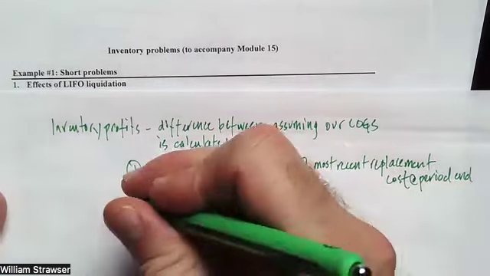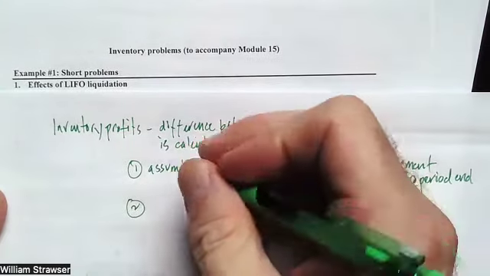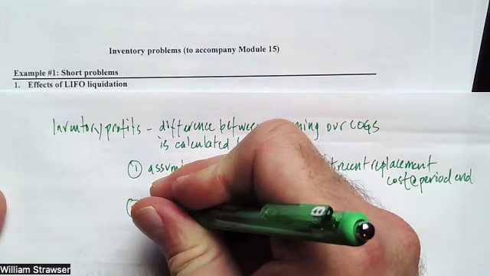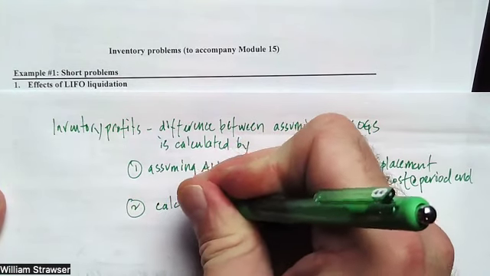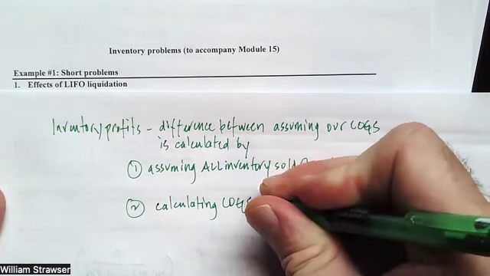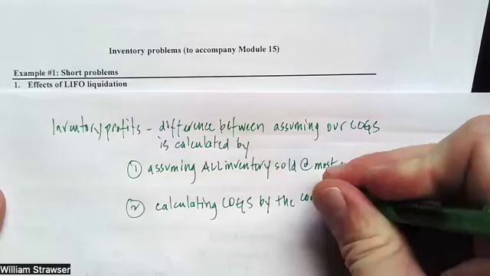Okay. The second is for inventory profit, calculating cost of goods sold by the company's cost flow method.